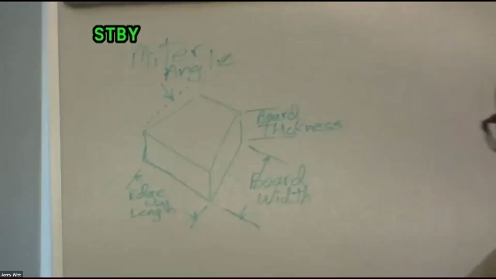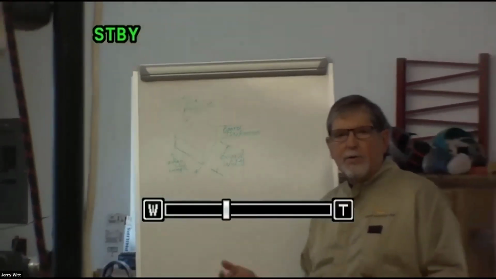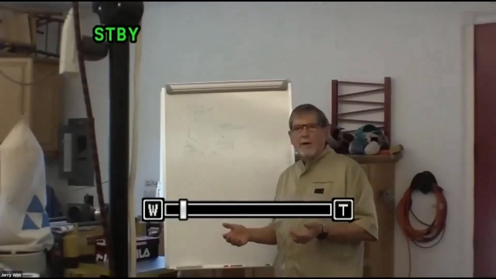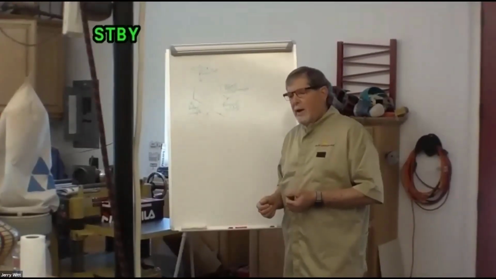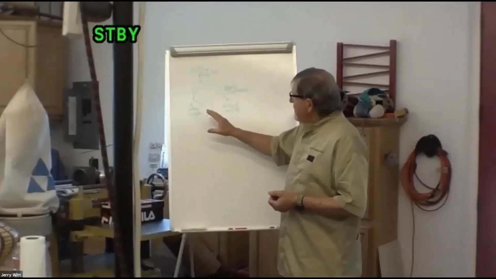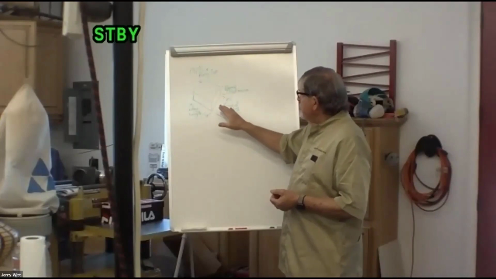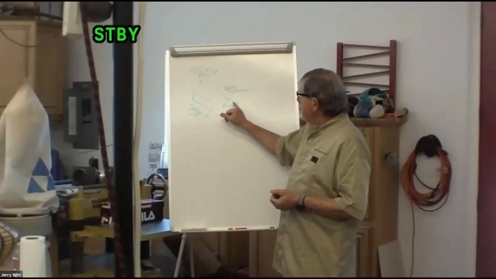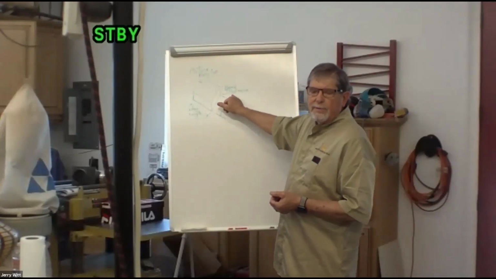You then have to prepare strips of wood to be cut into angled pieces. There, the critical dimension is the board width and the board thickness.